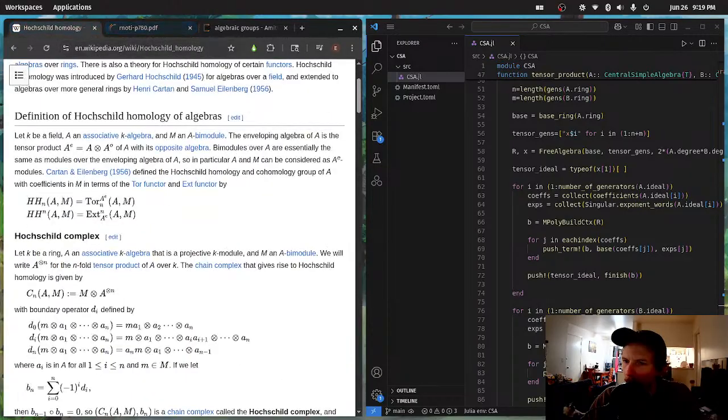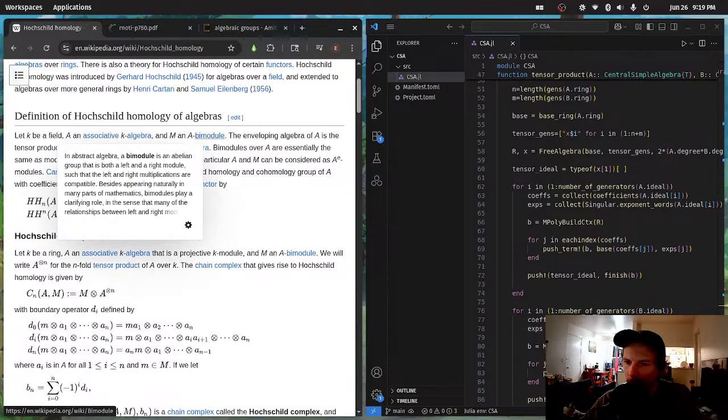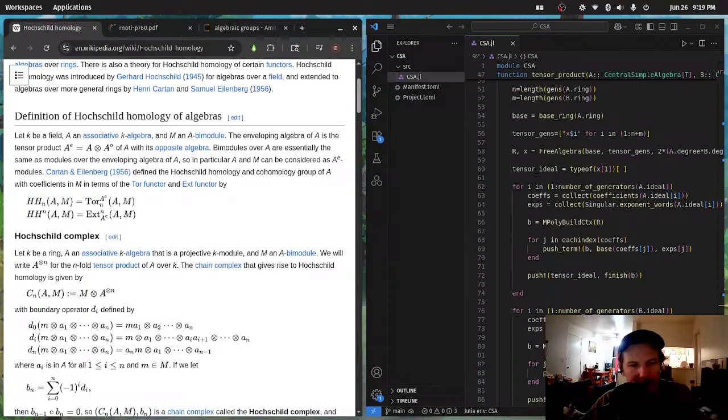I mean, maybe we could do a free module for A, and then for M, just do the ideal that defines the algebra.